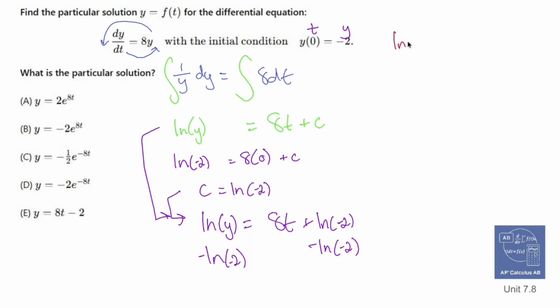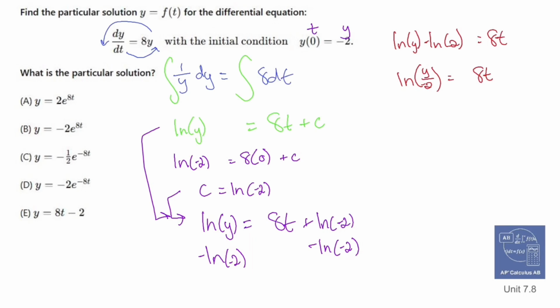We've got ln of y minus ln of negative 2 equals 8t. When you subtract ln's, you divide the inside, so ln of y over negative 2 is going to equal 8t. By the way, negative 2, not 2, that changes things.